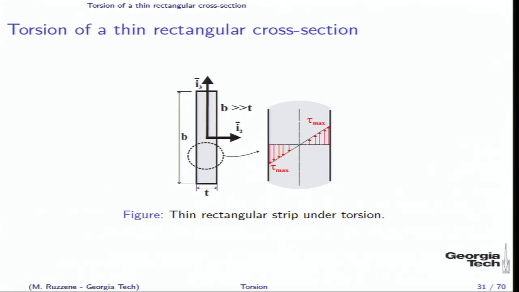So if you reduce the thickness or increase the thickness, that's going to have a huge effect on this value as compared to reducing or increasing the width of the cross section, because it's a single power.